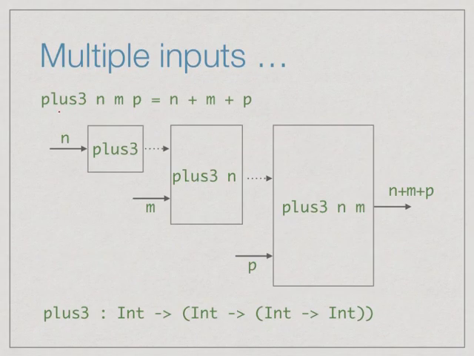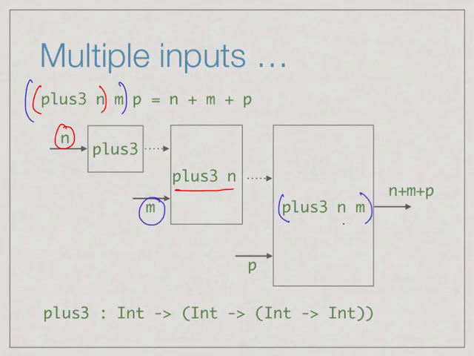So supposing we have a plus 3, which will add 3 numbers. In the same way, when I first consume the first n, I will get something which internalizes the n. So now it will add n to whatever it's going to get as the next input. Now we are not done, so we will consume one more input, m, and we will now have something which adds n plus m to whatever it gets.